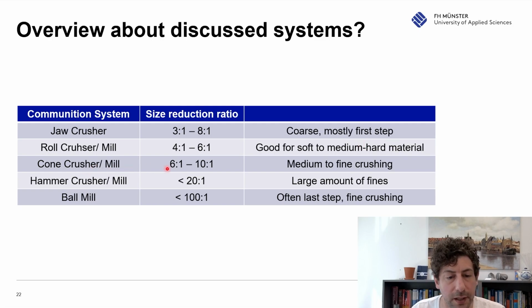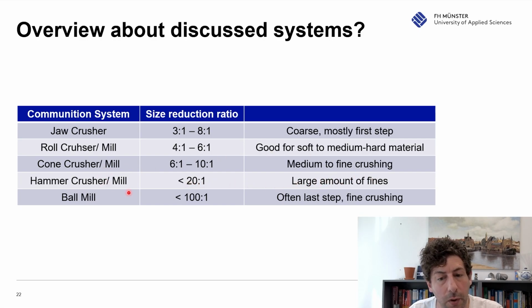Cone crushers have even better, 6 to 1 to 10 to 1, and they are very good for medium to fine crushing, right? As we have the cone mill for coffee. And the hammer crusher, which has a size reduction ratio of up to 20 to 1, creates a large amount of fines.